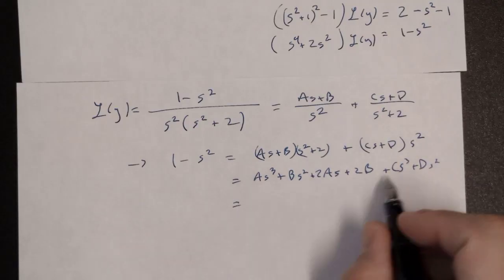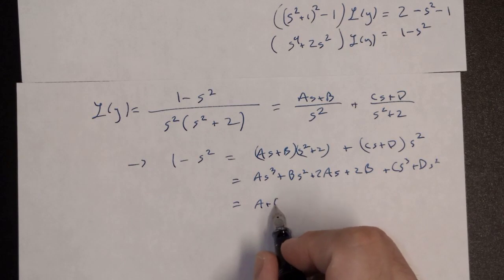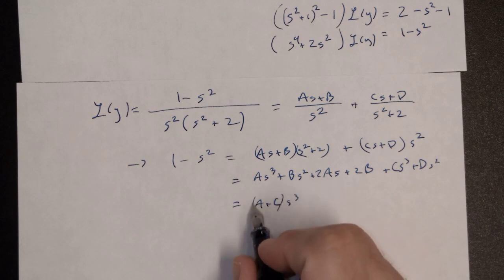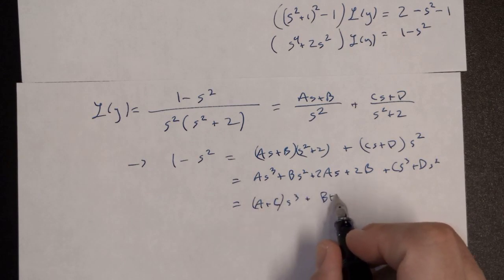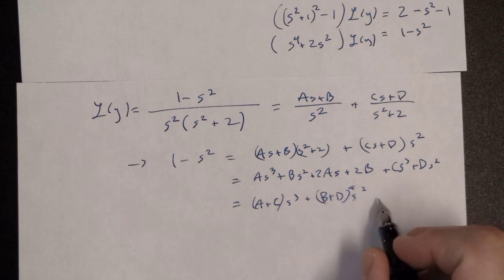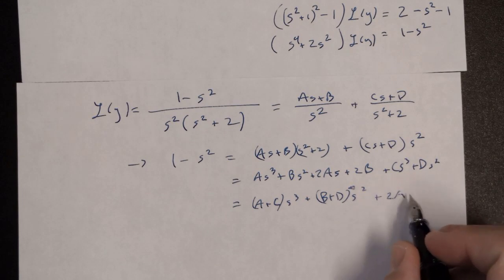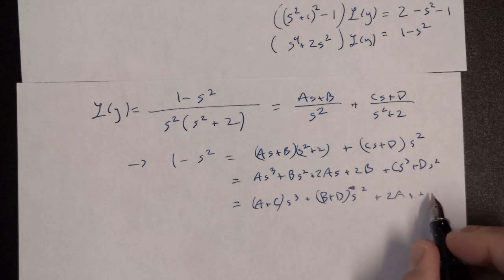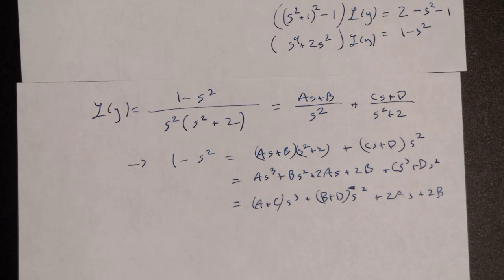So I get a plus c s cubed, b plus d s squared, 2as plus 2b.